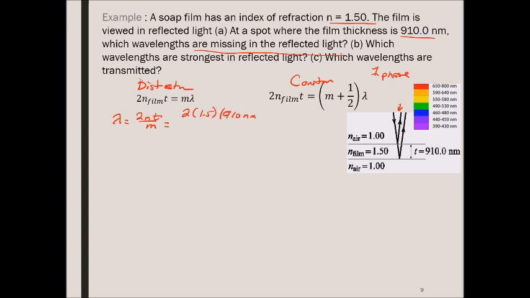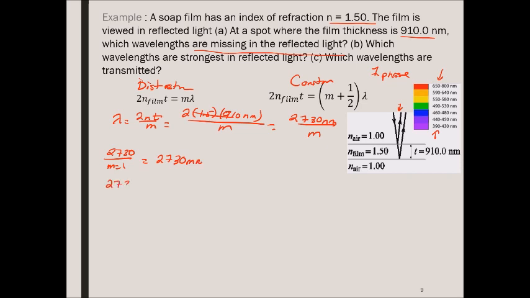So I'm going to plug in the numbers that I do have. 2 times 1.5 times 910 nanometers over m gives us 2,730 nanometers over m. What we need to do is just try different m's until we get in the range of visible light, because we can't see the ones that are not. So 2,730 over m equal to 1 is just 2,730 nanometers, not visible.